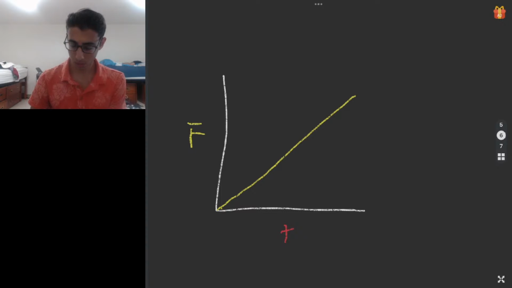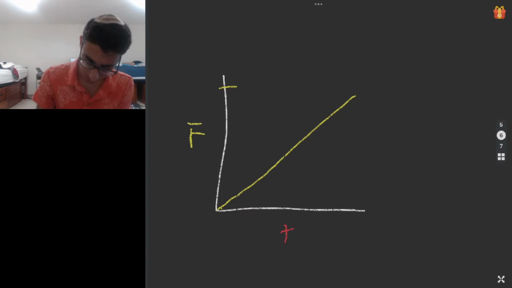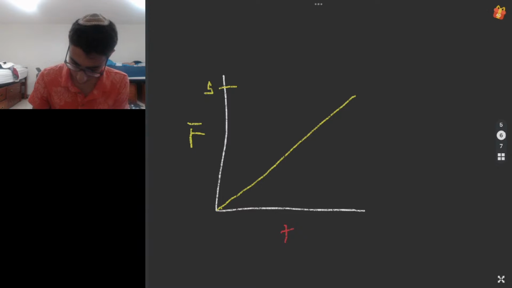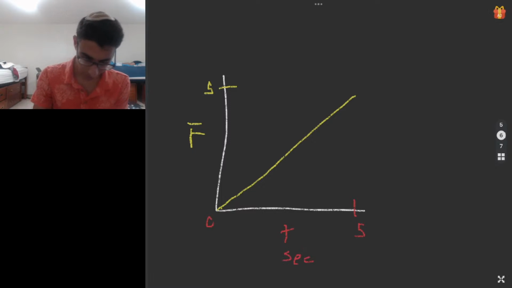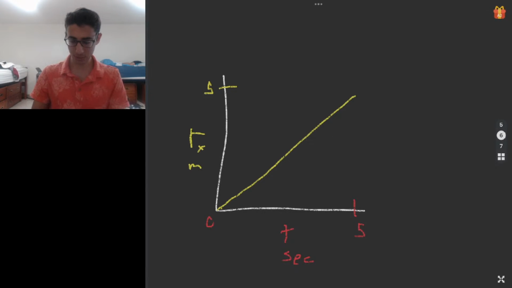Imagine this is 5, this is also 5, and down here we have 0. So in 5 seconds, we've gone 5 meters.